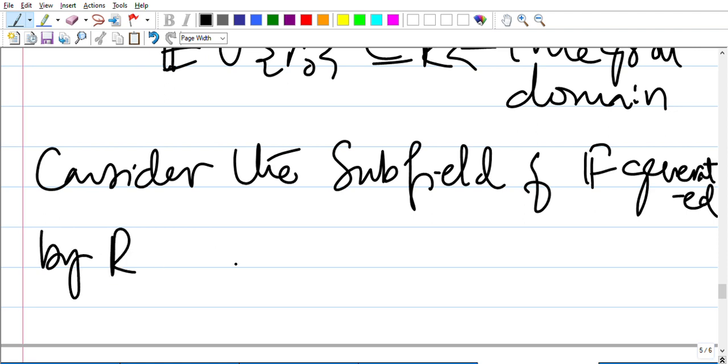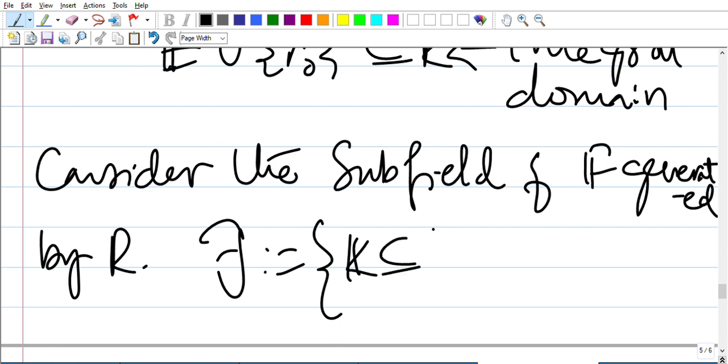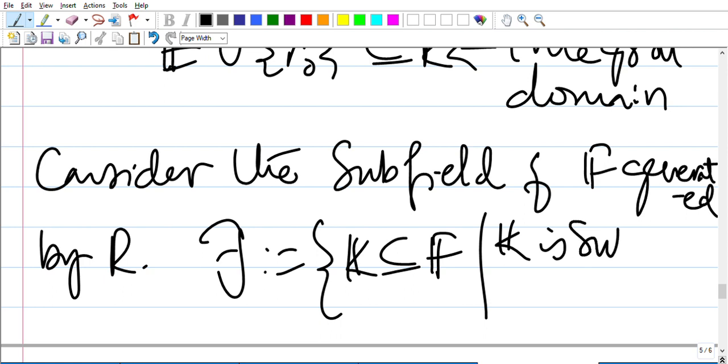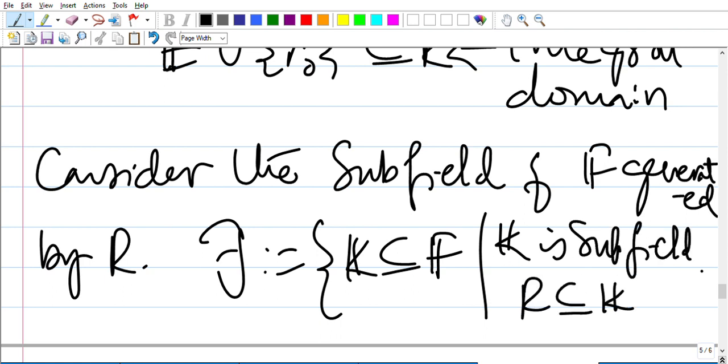What is it again? It is exactly analogous to the above construction that we made. So consider the family F of all those subfields K of F such that R is contained in K. This collection is again non-empty because F itself is sitting inside this family.